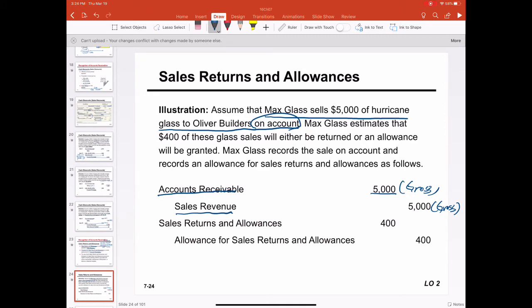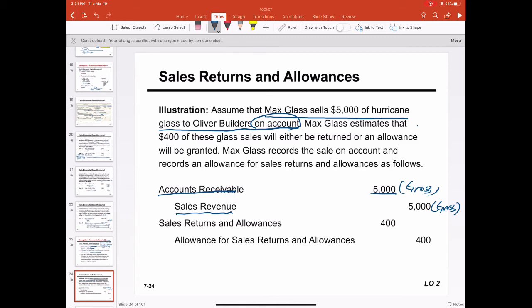As I said, return and allowance are part of the sales contract. So that's the customer's right. There's always a percentage of sales that will be returned. So each firm should estimate how much will be returned or how much allowance will be granted.